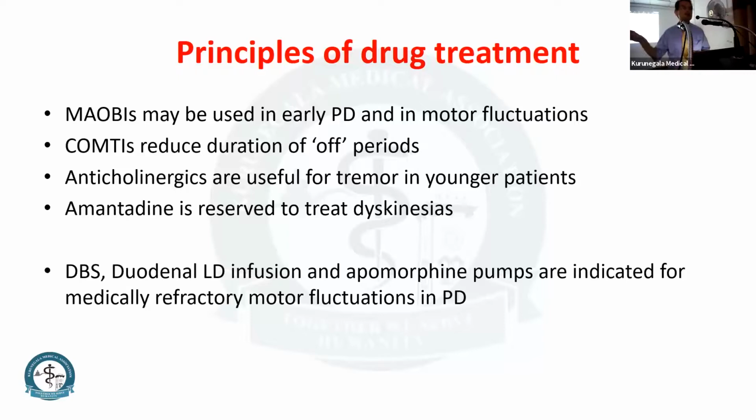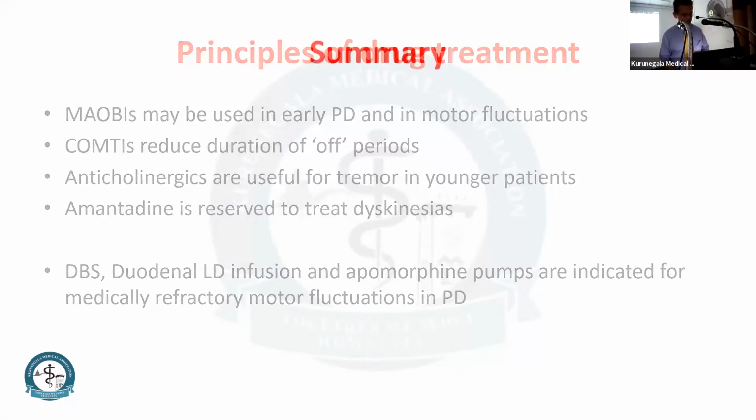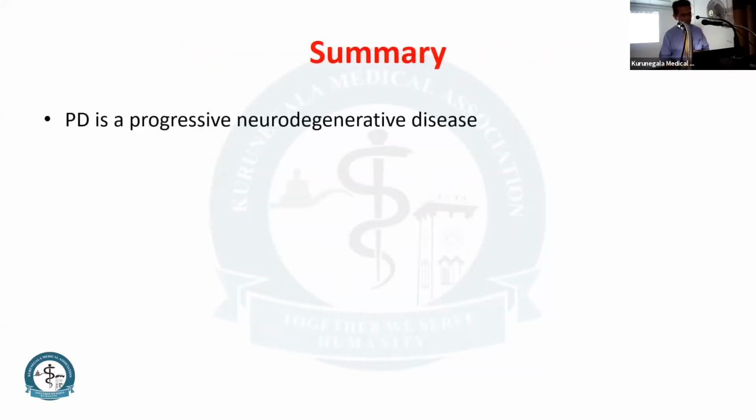Then there are newer modalities of therapy, which I'm not going to talk to you about, but just to mention that there is deep brain stimulation, duodenal levodopa, and apomorphine pumps, which are not practiced here in Sri Lanka. So in summary, ladies and gentlemen, Parkinson's disease is a progressive neurodegenerative disease, meaning with time it gets worse.